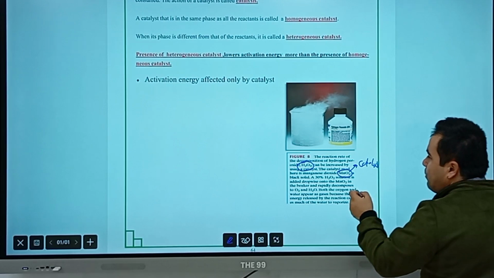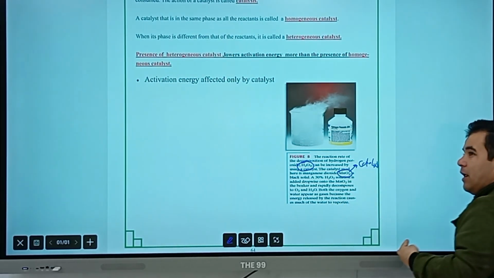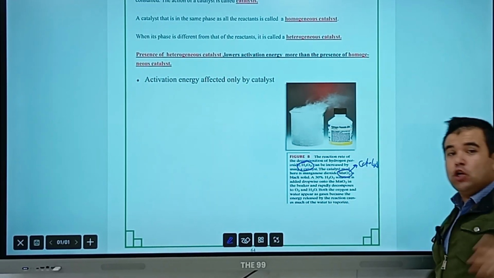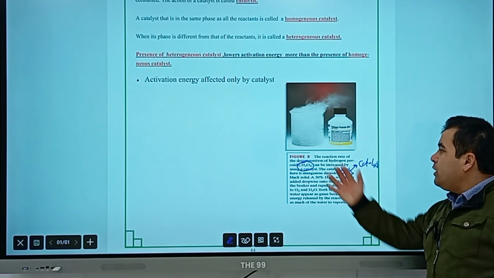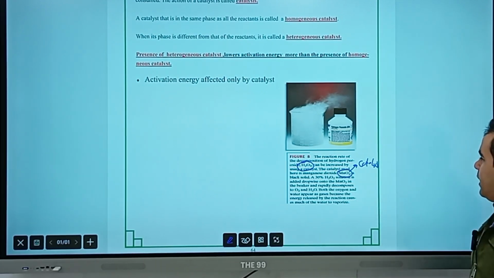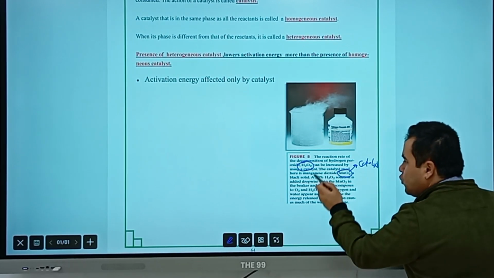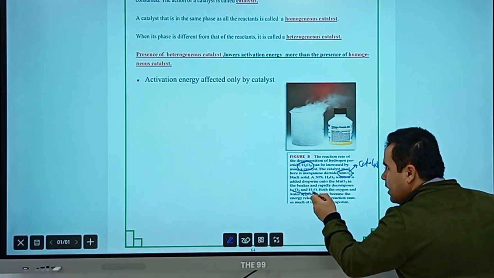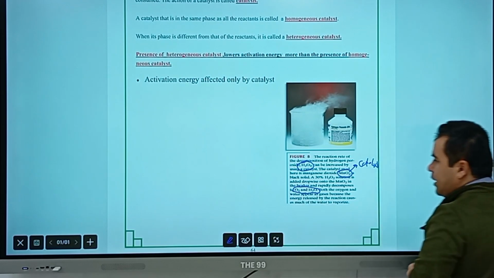MnO2 provides a better path of reaction, a shorter path of reaction, for the decomposition of H2O2. So there will be a faster rate of mechanism, and the H2O2 rapidly decomposes into oxygen and H2O.